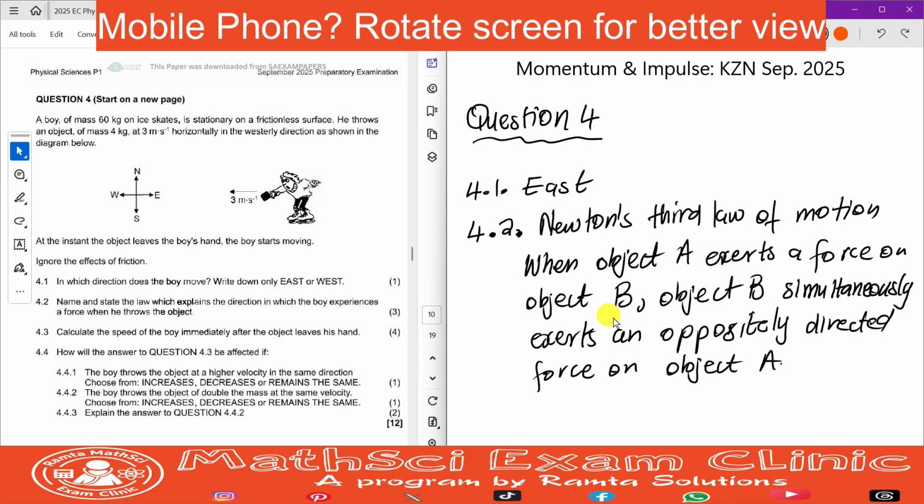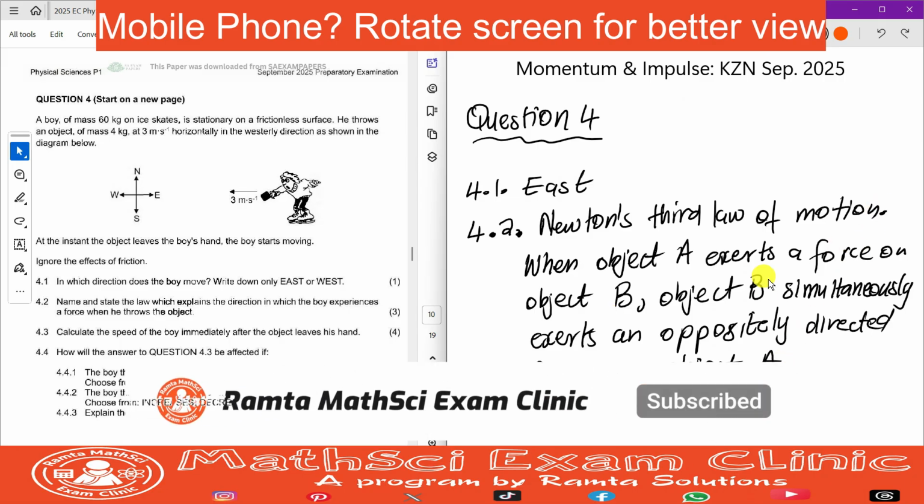So this is your Newton's third law of motion.